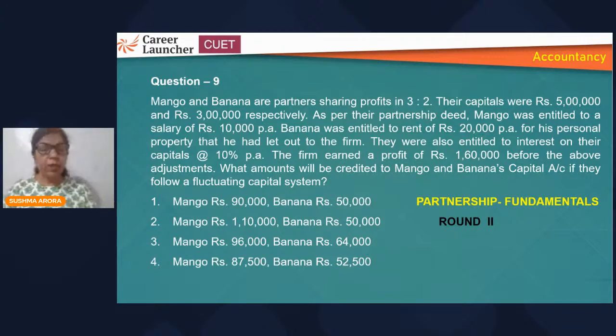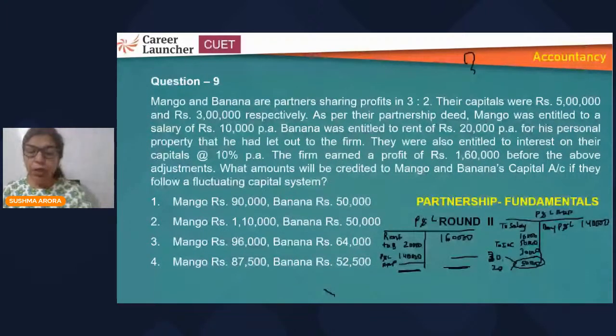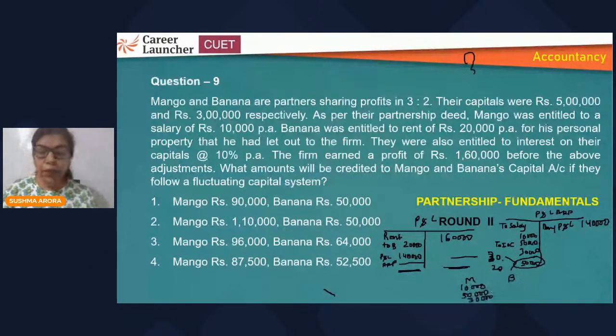Okay, children. So here, what amounts will be credited except capital account? So first you will add in Mango and in Banana. Mango, you will get salary of 10,000, then IOC of 50,000, then profit of 30,000. Clear? And Banana will get 30,000 rupees for IOC and 20,000 rupees for profit.